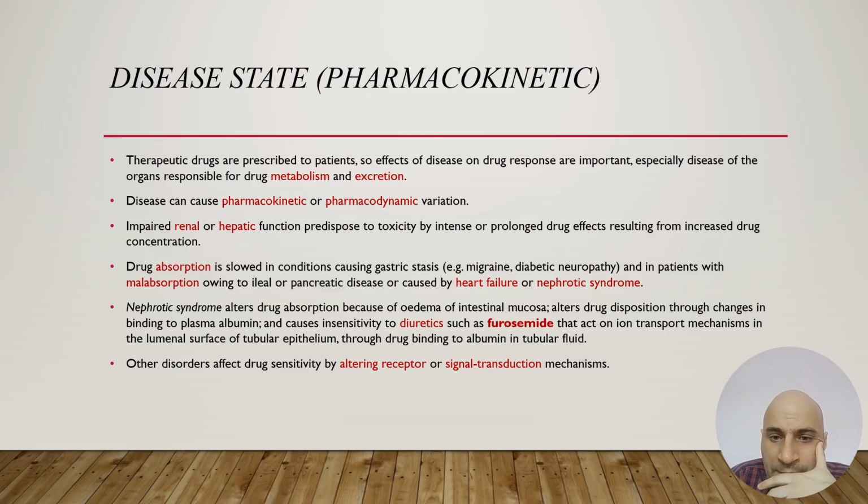So effects of disease on drug response are important, especially disease of the organs responsible for metabolism and excretion. Diseases can cause both pharmacodynamic and pharmacokinetic variations. Usually diseases that affect renal and hepatic function can affect ADME, can affect metabolism and excretion.